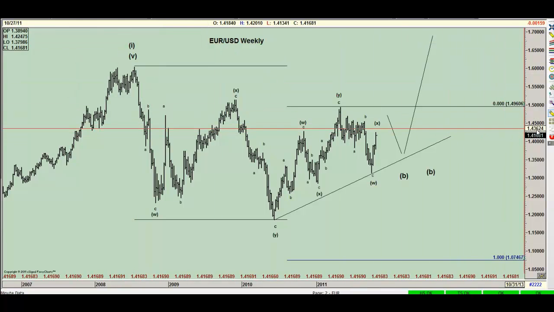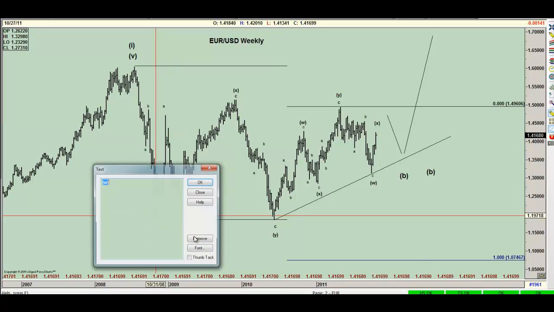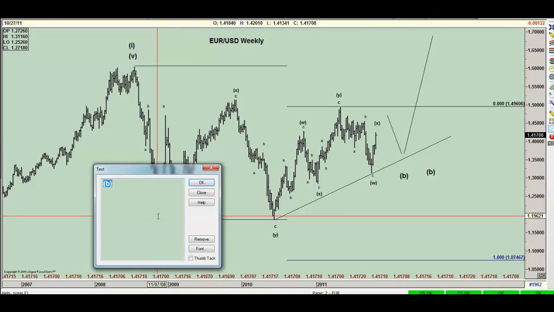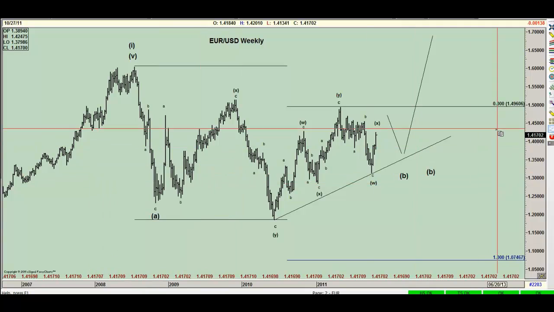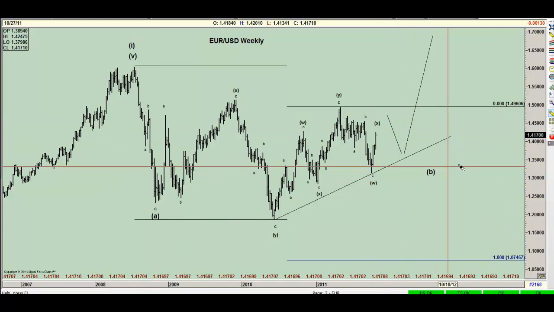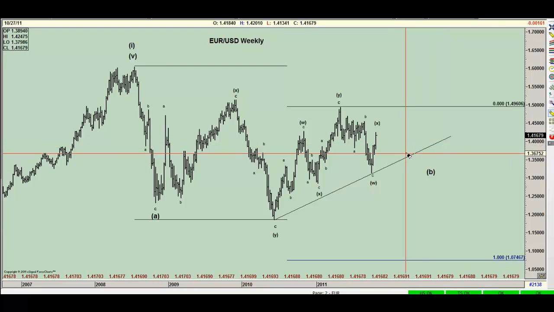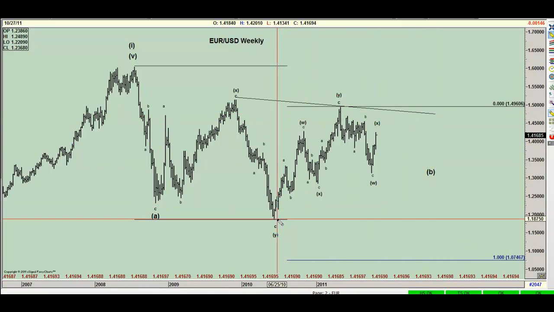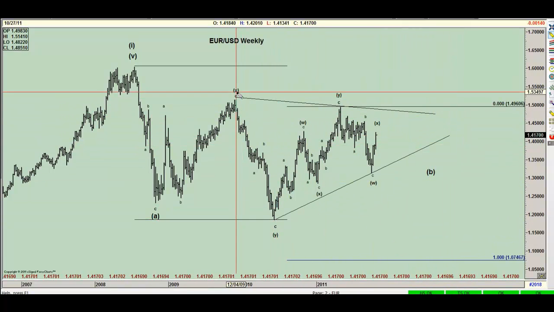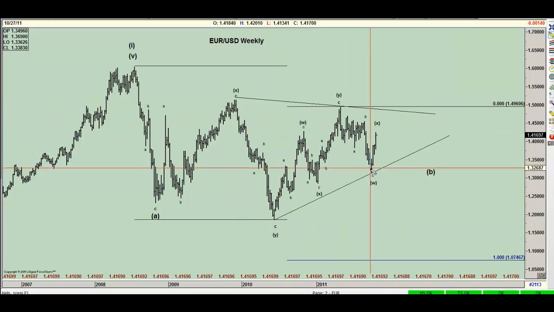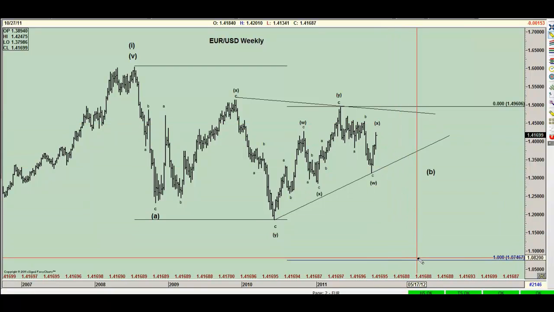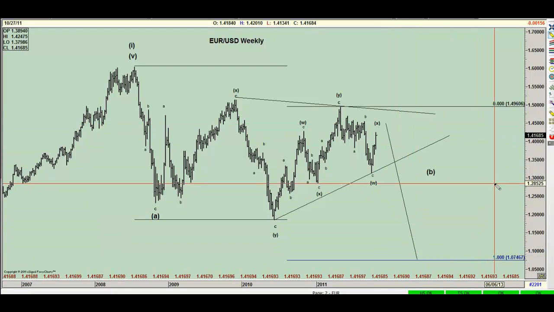And then you got right here, this is A. And then from there you have a B-way triangle like this, when you have A, B, C, D, and we're going higher in E before the trough, that should take the euro to 107.